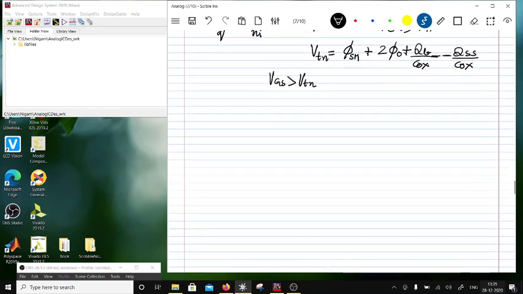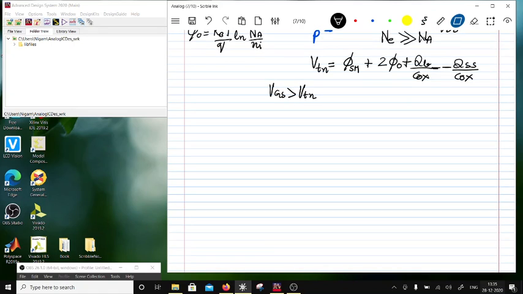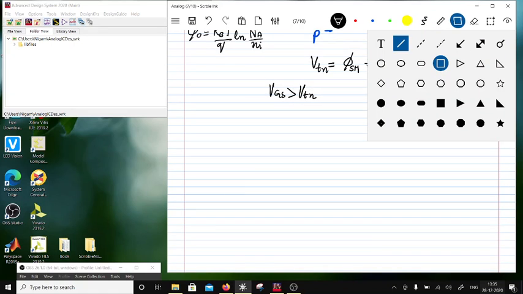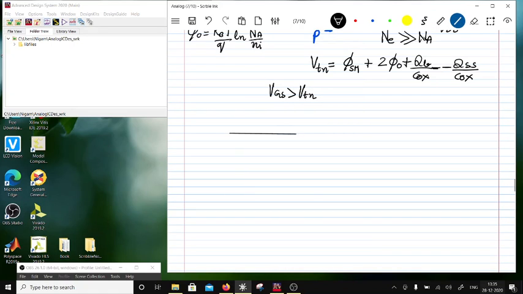Okay, so let us draw again what happens when I have a channel and applied VDS. So you have got a gate, and then you have a conductive poly gate, and this is what the gate is.